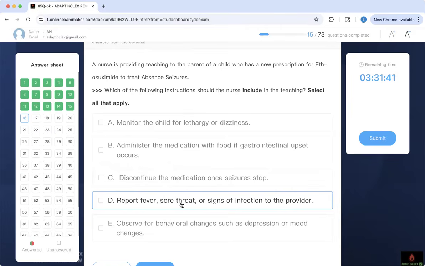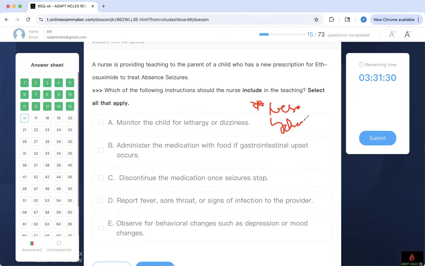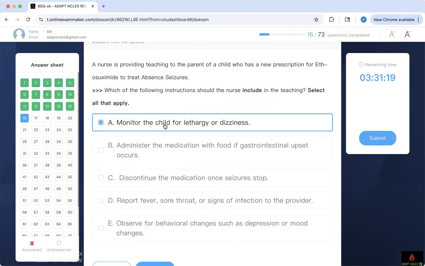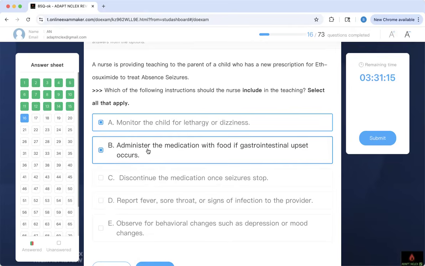You pick it. Strategy: neuro medications, especially anti-epileptics, always affect your neuro status. They can affect behavior, and they suppress the bone marrow. So you see what I did? All of them. Therefore, if you have dizziness and lethargy, you should teach them that. They can cause GI upset, let them know.